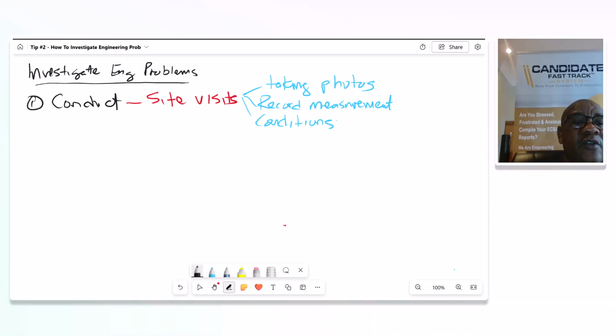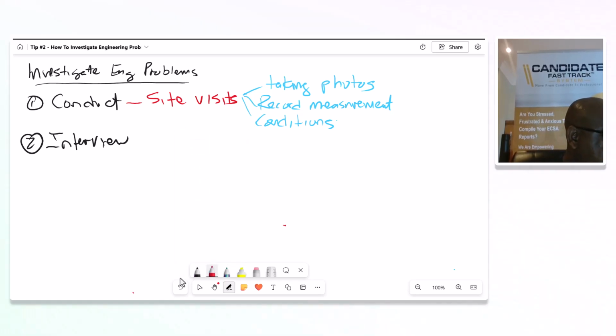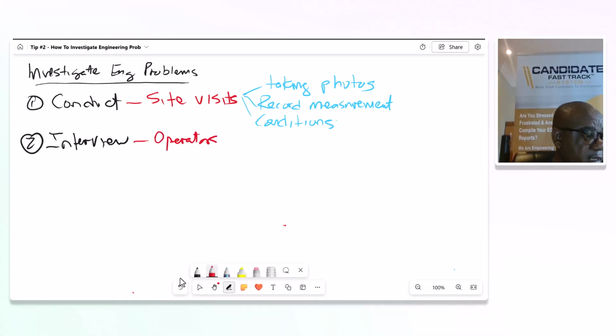The second thing that you need to do is to interview. What do we mean here? You can interview operators that are working in that environment.